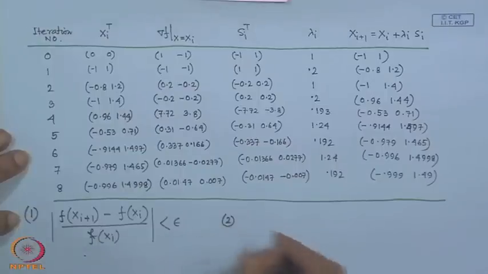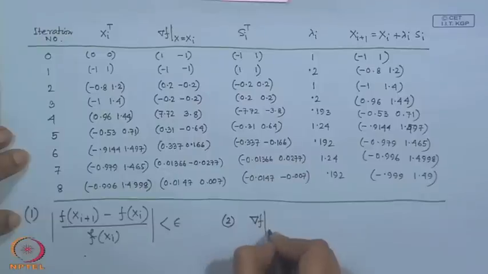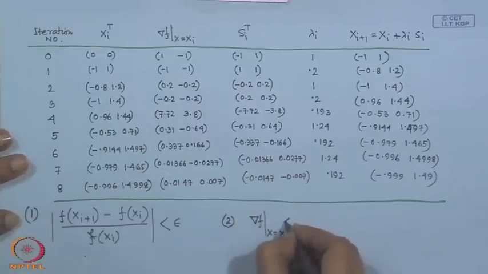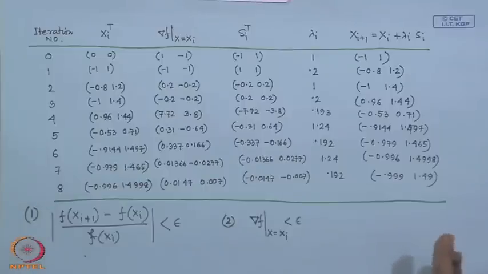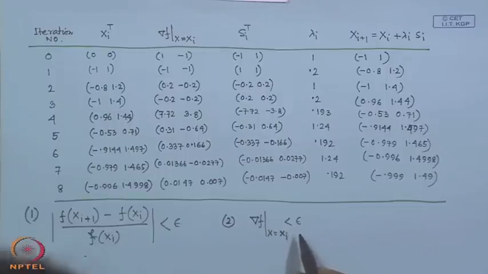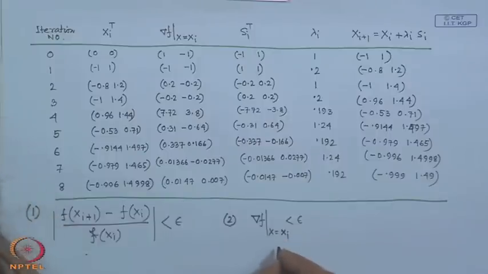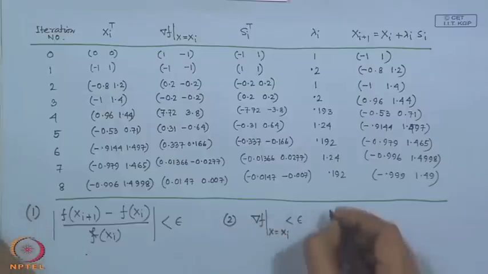Second process is that we will see the gradient of the function at point x equal to the last one, say x i. If the gradient value is 0, that is nice enough, we should stop the process, but even if it is very near to 0, then also we can stop the process, because there is no possibility for further improvement.